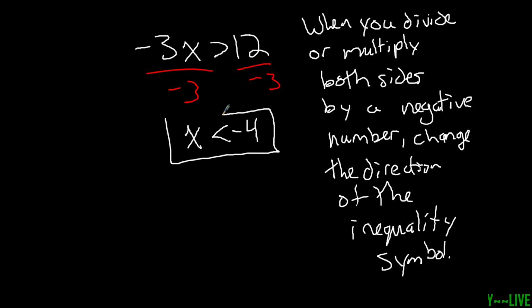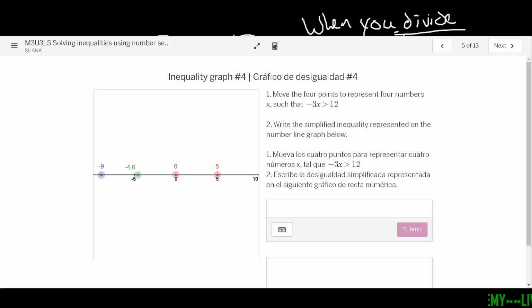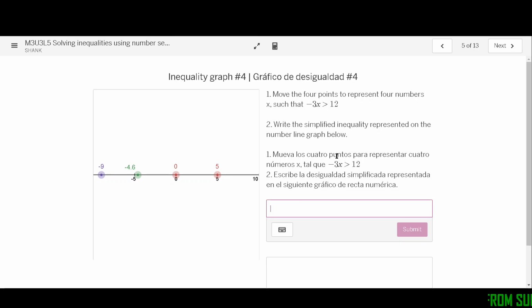And so you have to make sure you're careful on that because a lot of people will see a negative answer and they'll say I have to flip it, but it's only when you multiply or divide both sides. So make sure you're careful on that setup. So let's say for this one, x less than -4, and I'll have to move my graph to be that.